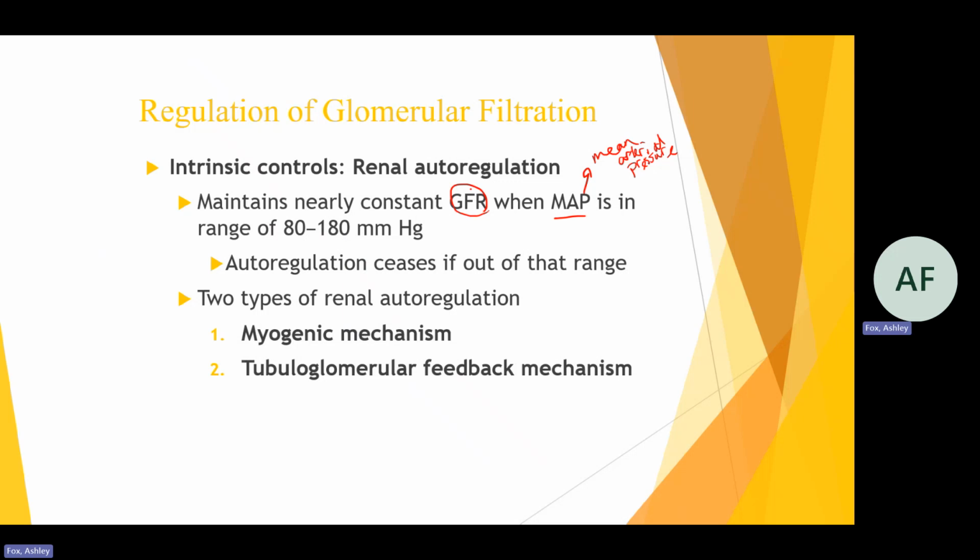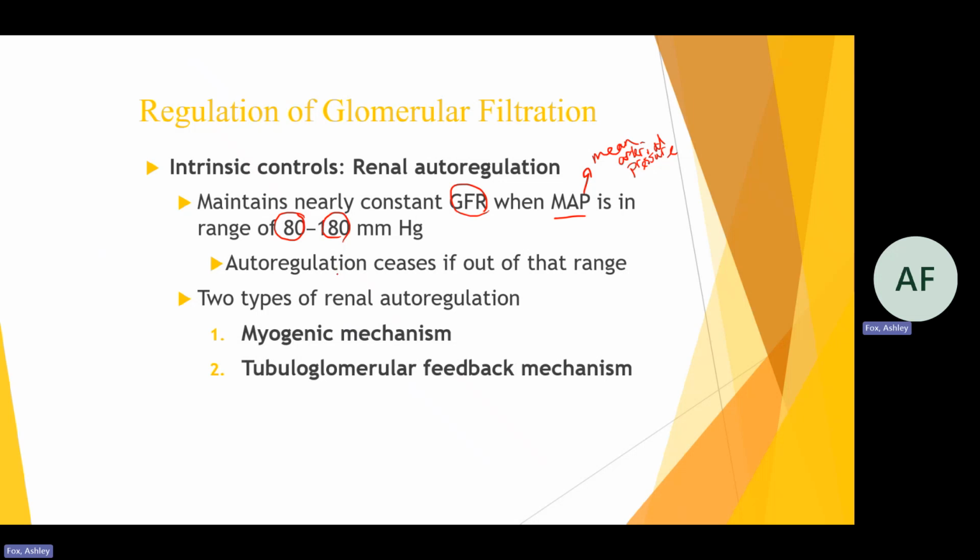Then it can adjust based on what's going on. If it's closer to 80, it's going to adjust and change its GFR that way. If it's closer to 180, then it's going to change that way. So it's just able to adjust up and down, up and down, based on blood pressure in the body. If you're out of that range, the kidneys cannot fix it. They have to call for help.